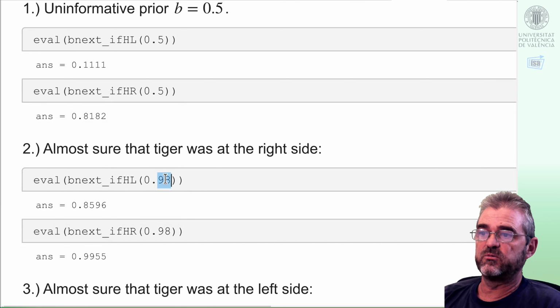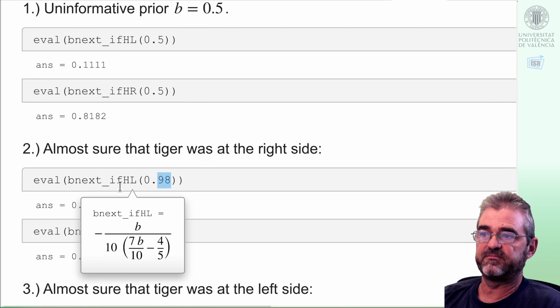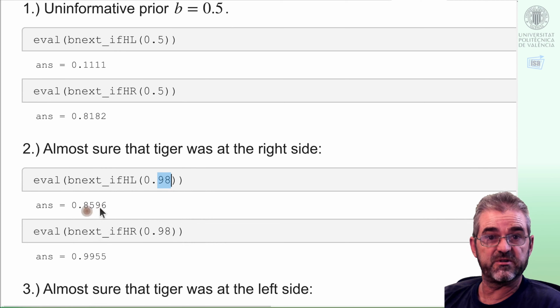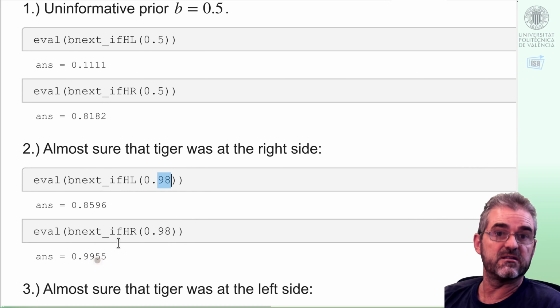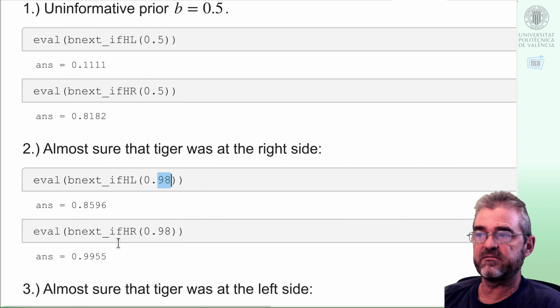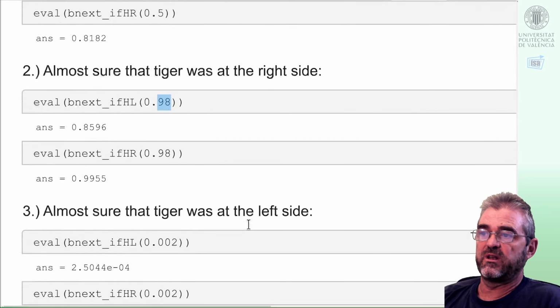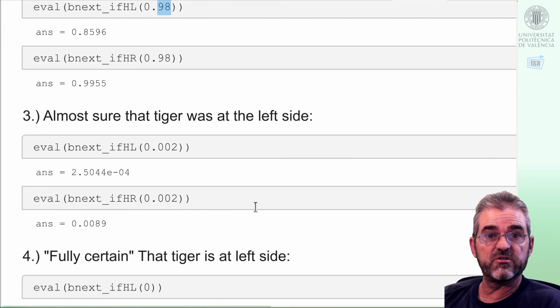If I were almost sure that the tiger was at the right side, then if I hear left, 98% goes to 86%, but if I hear right, it will increase from 98 to 99.6, let's say, so you further confirm that. And well, you can just put whichever numbers you wish. In fact, we'll put all numbers in a plot in a minute.